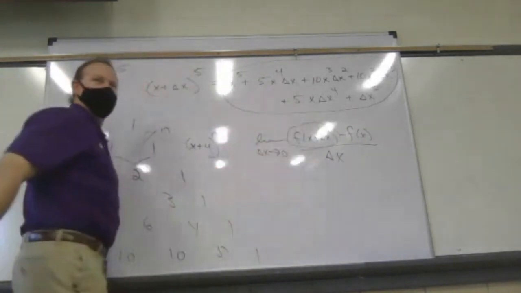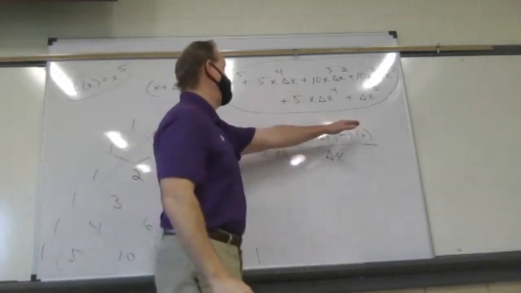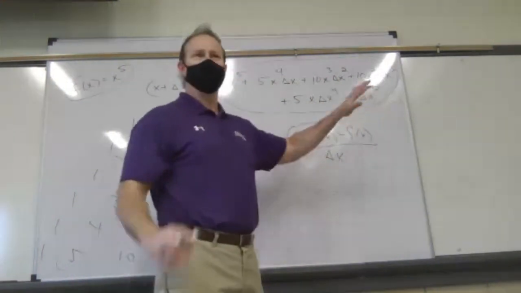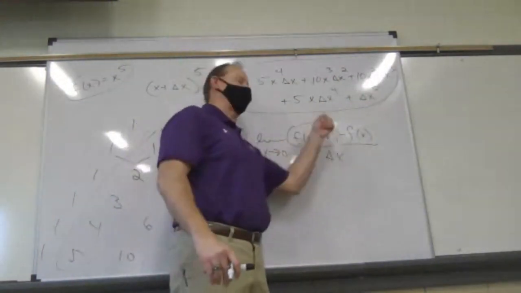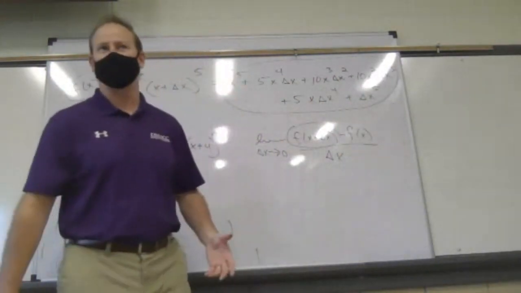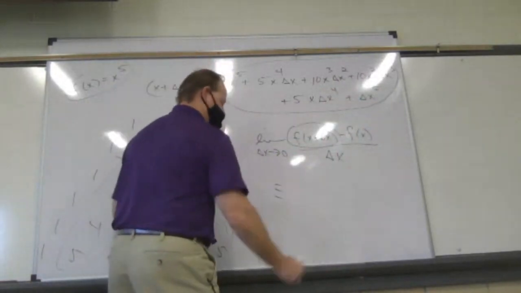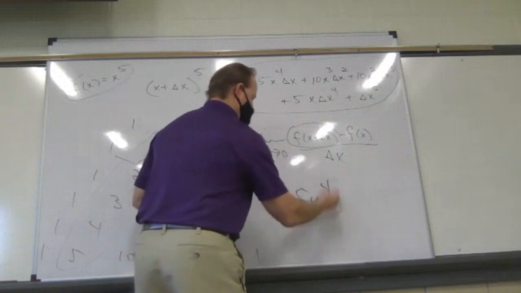We did the first part of that. And then minus f of x, we do that. And then we go ahead and subtract all that, simplify it, pull out a delta x, cancel that out, and then let the limit as delta x goes to 0. So if there's a delta x left, it goes away. And we end up getting 5x to the 4th power, thank you.